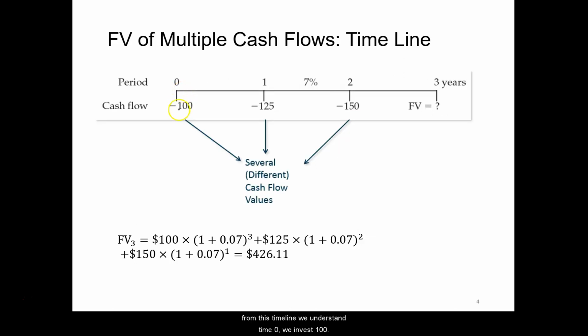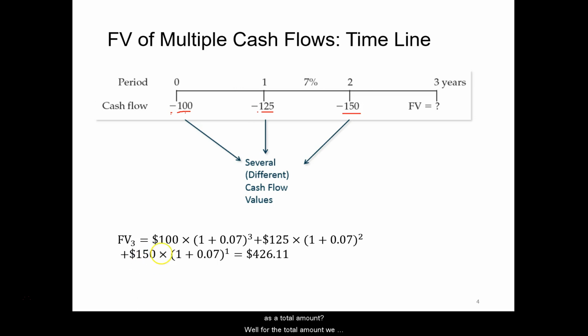From this timeline, we understand time 0, we invest 100, year 1, 125, and year 2, 150. So all these cash flows hopefully will compound for different number of years. And by the end of year 3, how much would we have as a total amount?